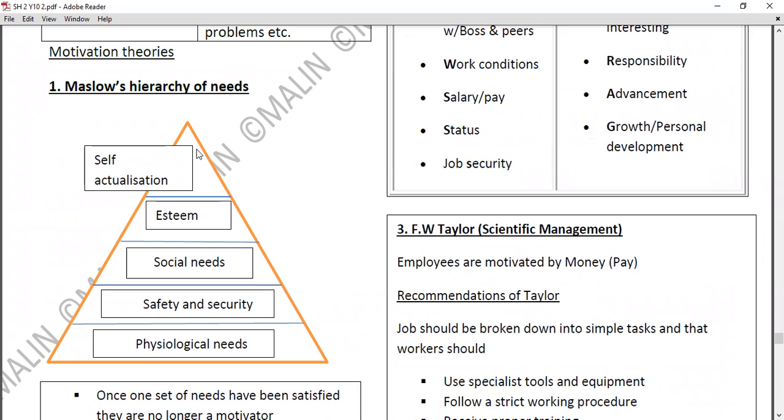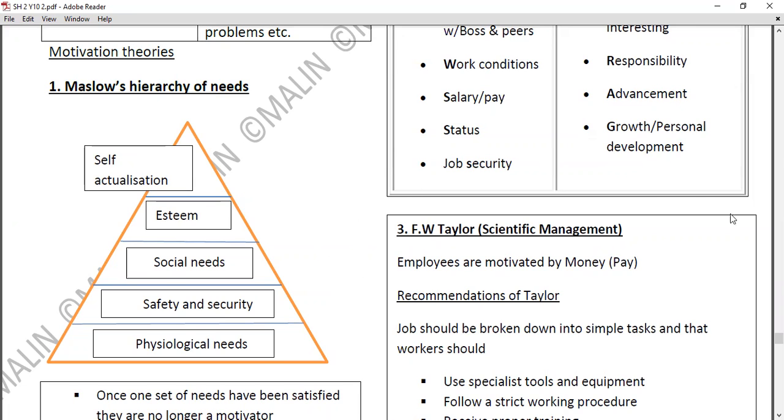One's ultimate objective in life. Sometimes you can see doing charitable work, or setting a Guinness World Record. For a sportsman or athlete, winning an Olympic gold medal. It's the ultimate goal of your life, self-actualization.